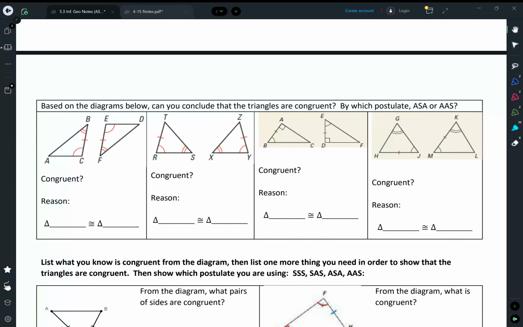So on this first one, I have two angles and two sides marked congruent. And I can see really clearly here, I have an angle, and then I have a side, and then I have another angle. So yes, they're congruent, and my reason is angle side angle. And then I need to go ahead and name my shapes.